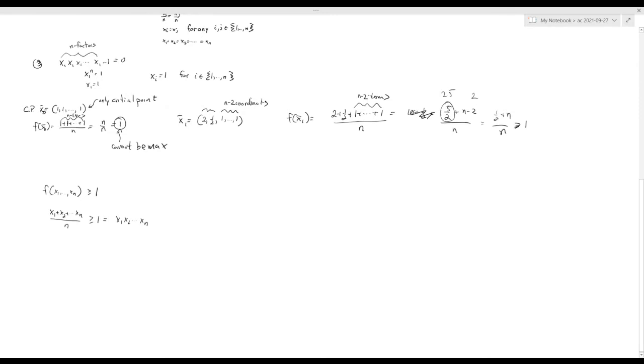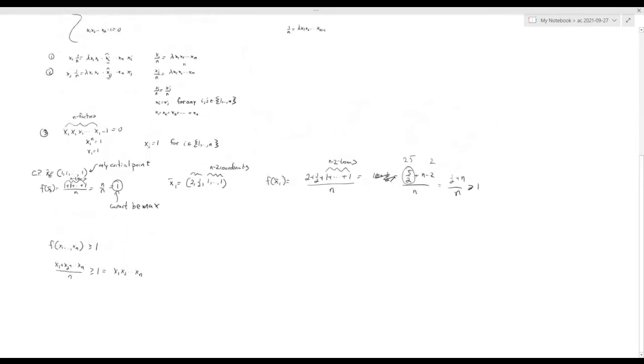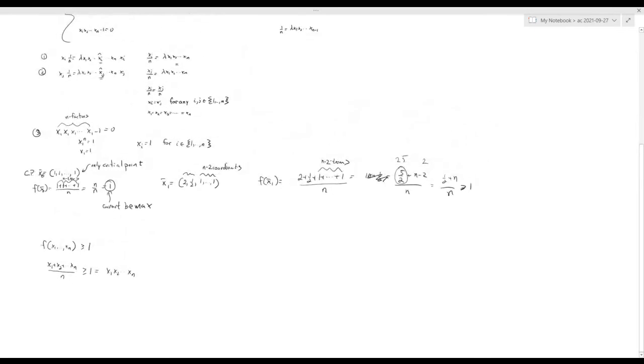I think I'm missing a step. I think I have to more creatively define my x's. The product is 1. What can I make?